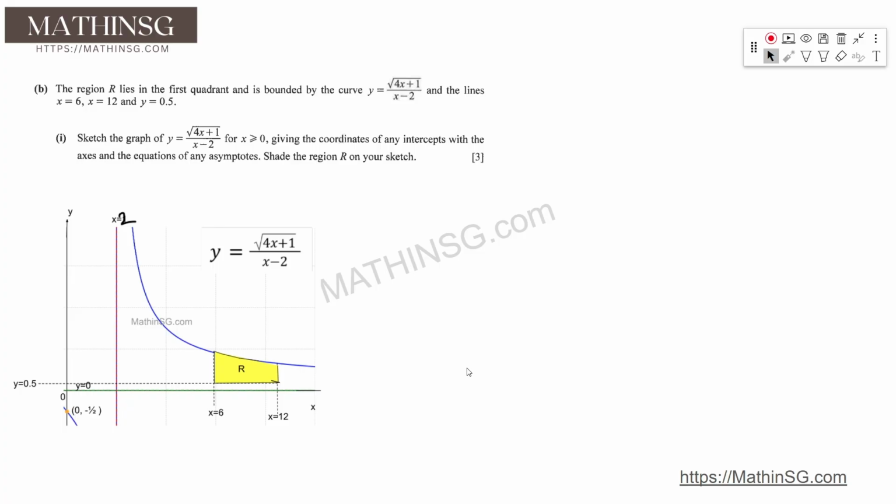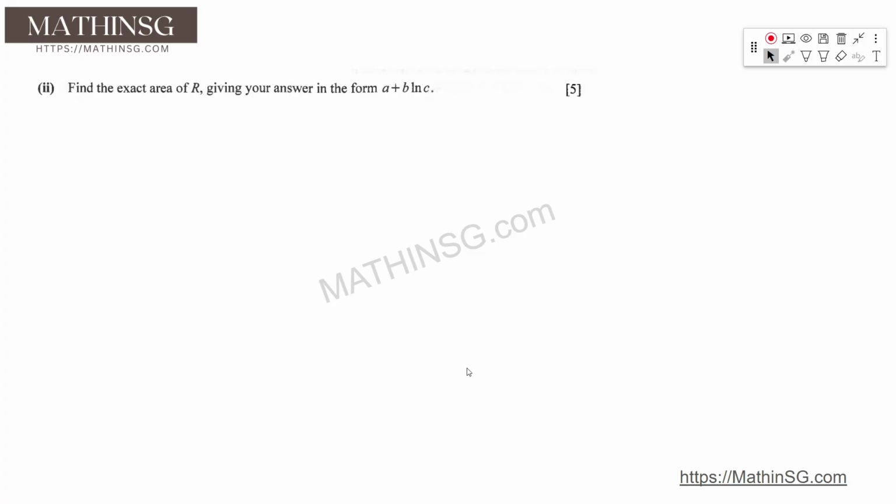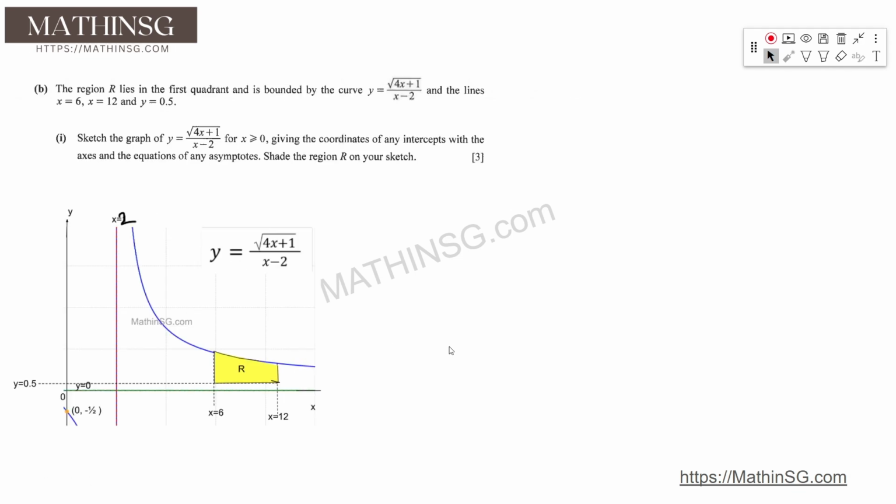Next, let's move on to the next part. You are asked to find the area of R, giving your answer in the form a plus b ln c. That means you cannot use the calculator. So this is part 2.